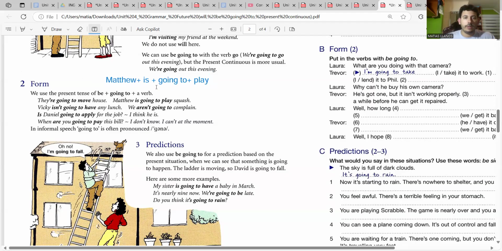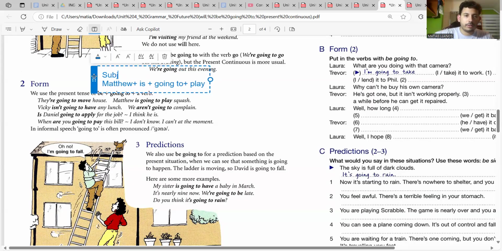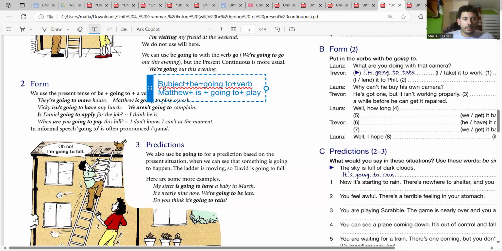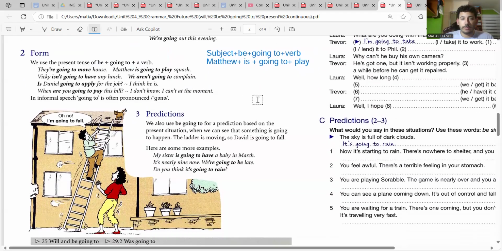Like this: subject plus be plus going to plus verb. This is the form that we use for going to.